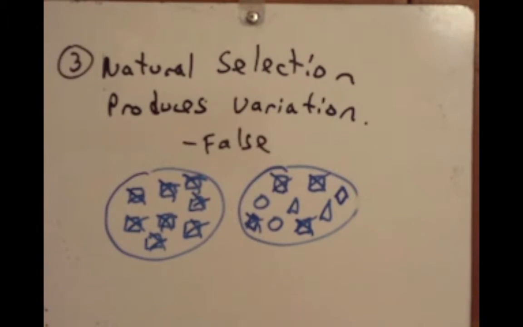But it doesn't produce more variation. It occurs because of variation. Well, I should go back and restate that natural selection would occur regardless of if there's variation or not. Whether or not the population survives, if there is variation in that population, then it will survive.